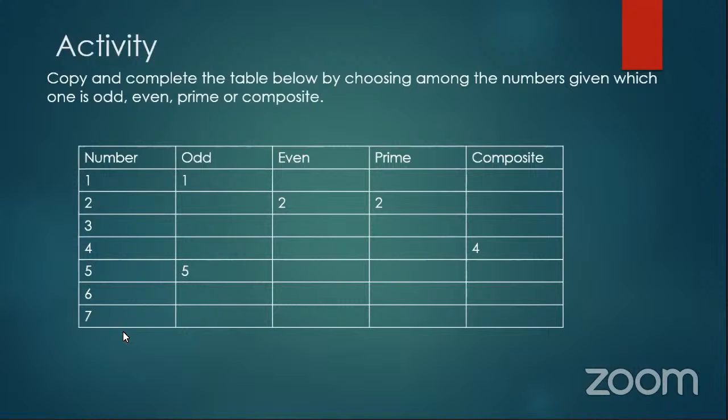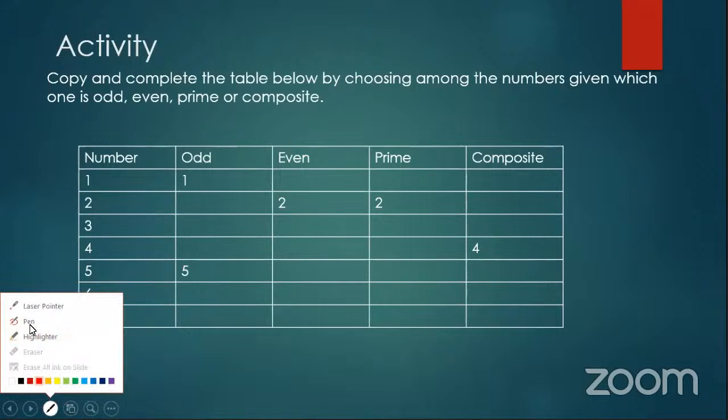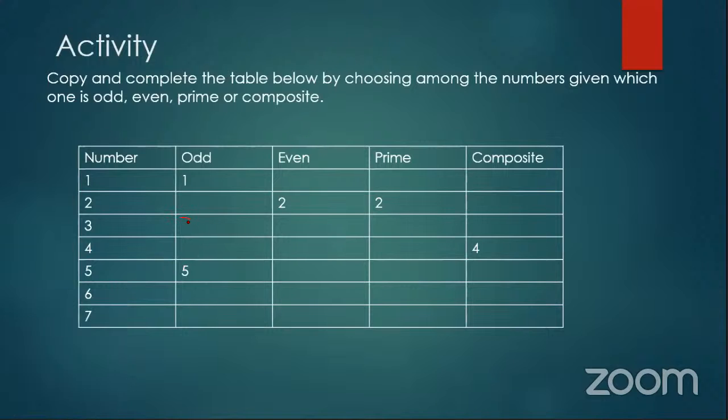Odd numbers are written 1, 3, 5, 7. Let me first write them somewhere here. Even numbers are written 2, 4, 6.